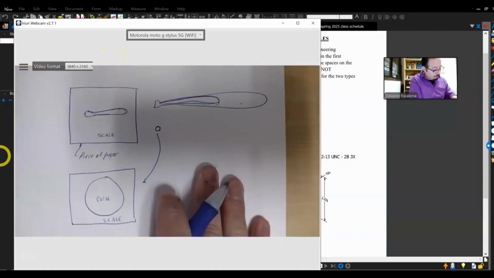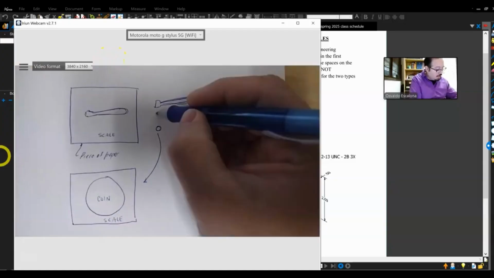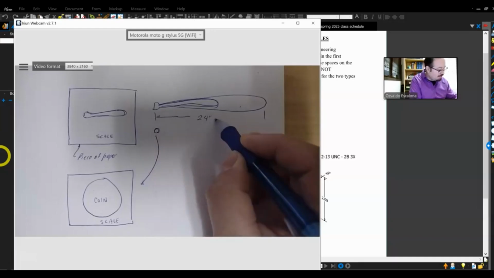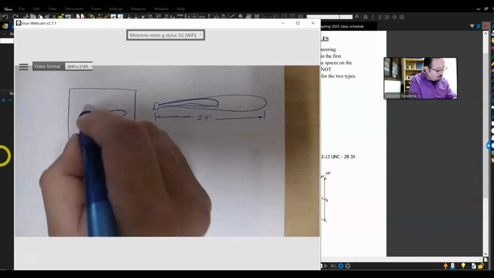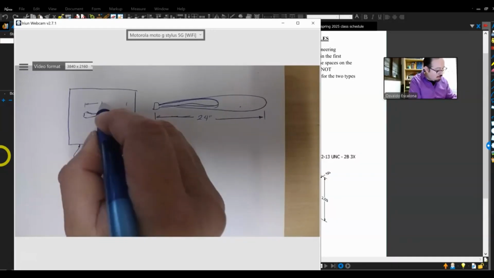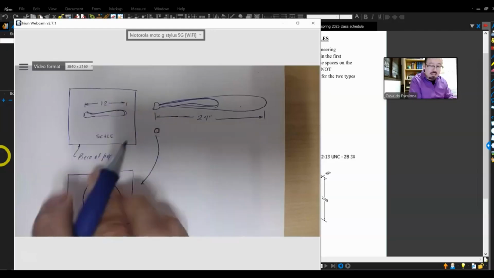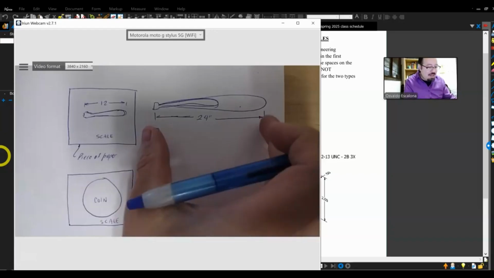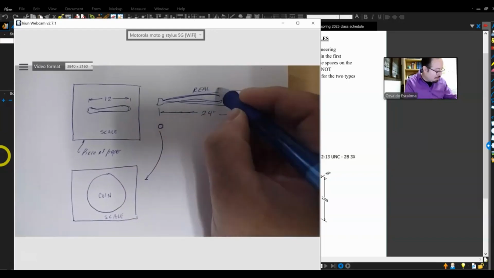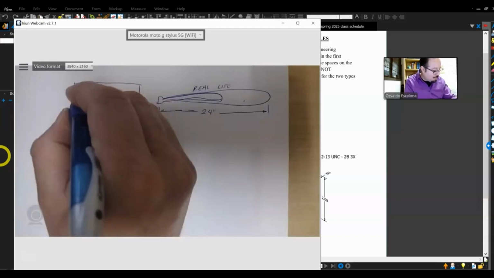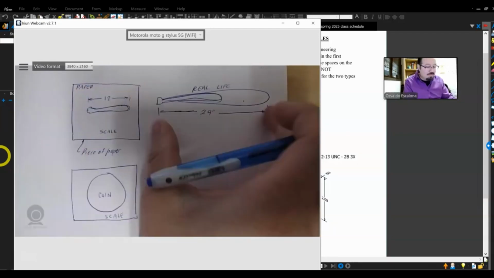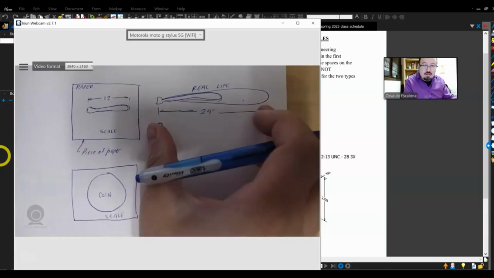For example, let's say this guy is 24 inches, and I want to put it on the paper, assuming my paper is larger than 12 inches. I am grabbing the real life and putting it into a paper size, so I have reduced real life into paper size.